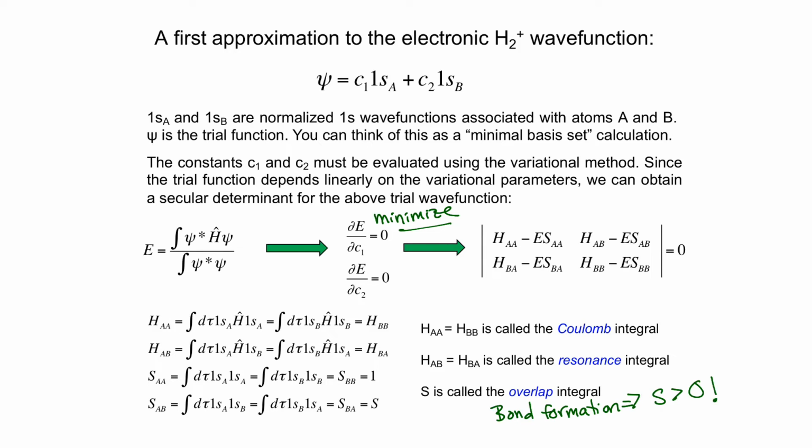Okay, so this caveat here tells you which one of these is what we're going to be zeroing in on when we start thinking about whether or not two atoms are going to come together and form a bond or not. So it's that overlap integral that is the important part of that puzzle.